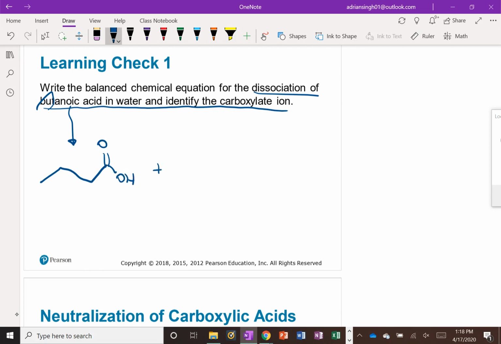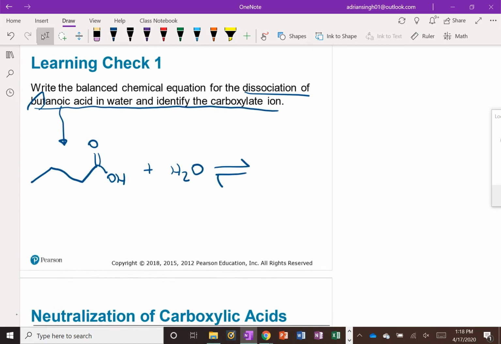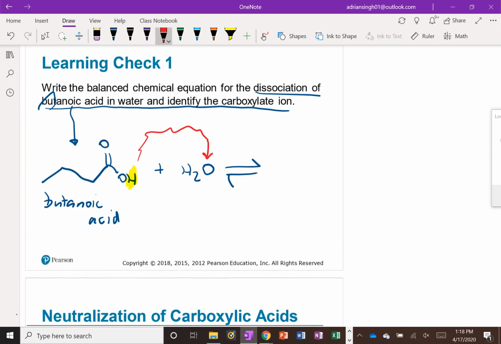And in water, so plus H2O. All right, we have our double-headed arrow, and the butanoic acid here is going to act as an acid. It's going to donate this H+. That H+ is eventually going to end up on the oxygen in H2O.